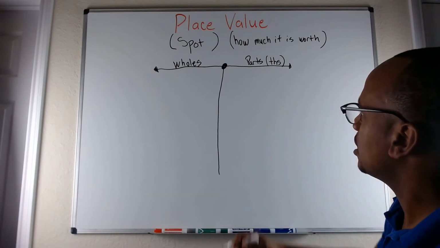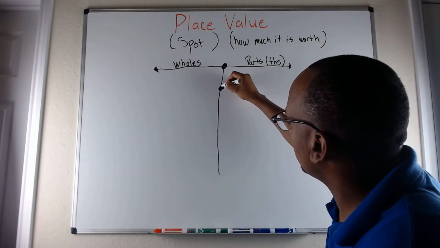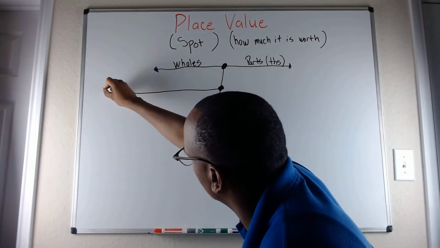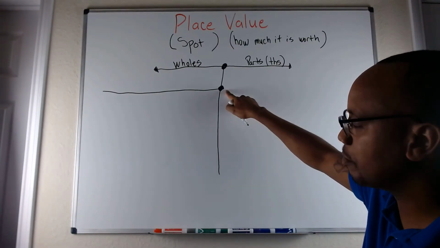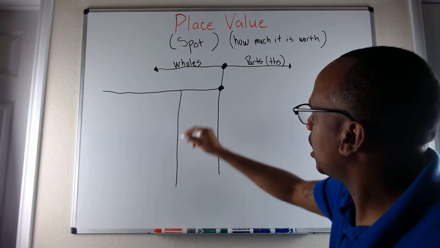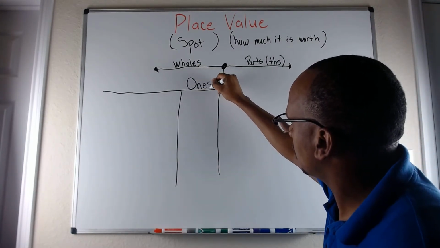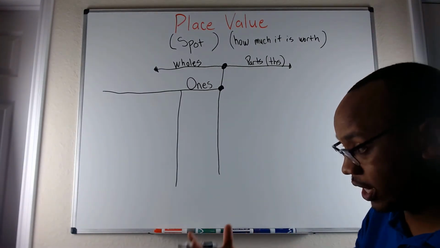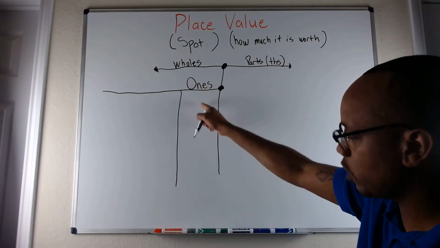All right. So if we want to get into place value, I'm going to draw another decimal point and I'm going to work with the wholes first. The closest place value spot to the decimal point on the left side is the ones place. Now, in the ones place, with $1.25, I have a $1 bill. It's in the ones place.